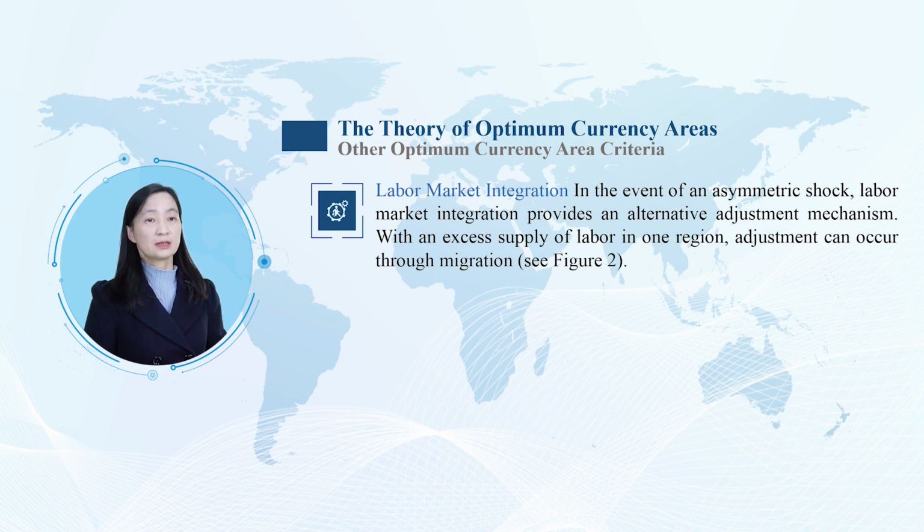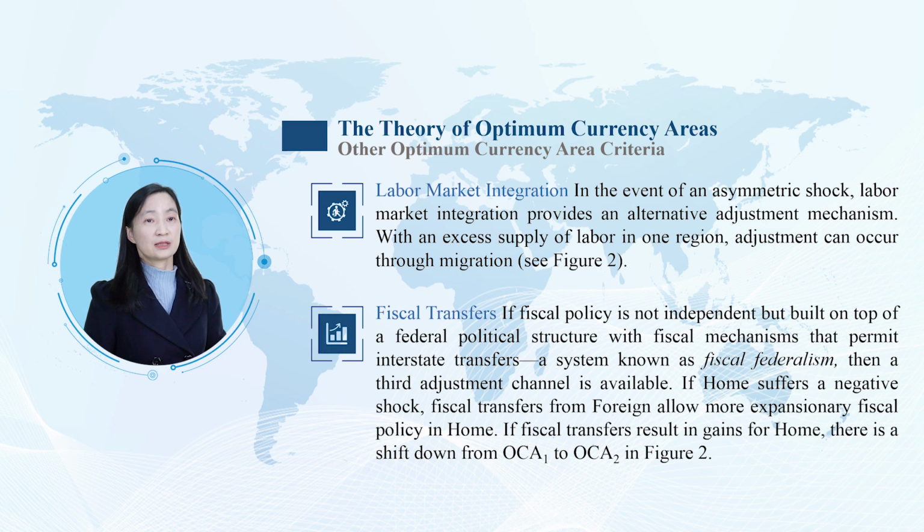With an excess supply of labor in one region, adjustment can occur through migration. This reasoning suggests that the cost to home of forming a currency union with foreign, due to the loss of monetary policy autonomy, will be lower when the labor market integration between home and foreign is high.